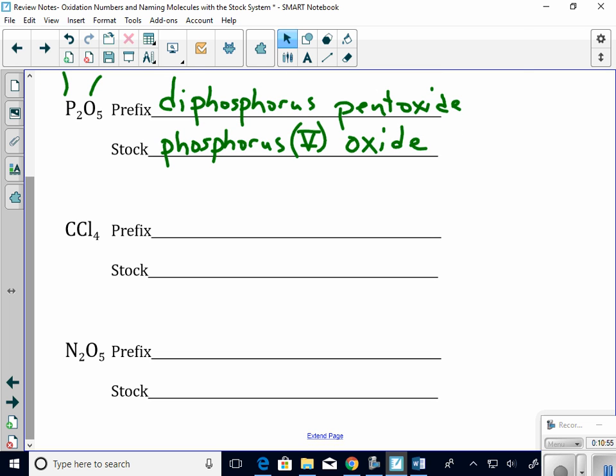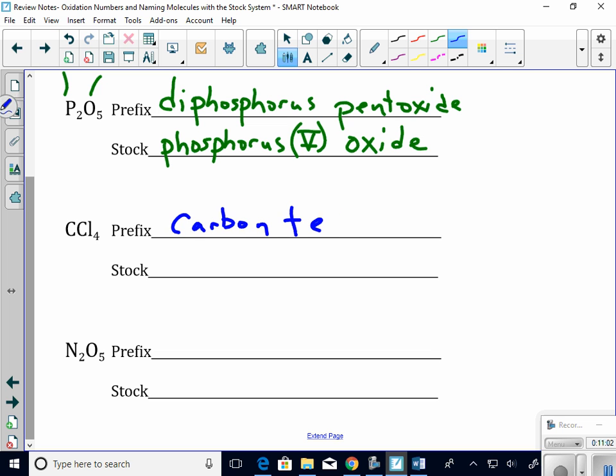The next one. Carbon tetrachloride. If I'm using the stock system, chlorine's going to be a -1.